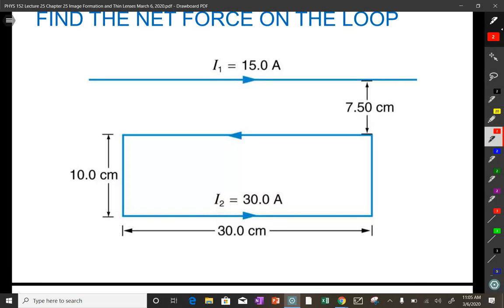You say, okay, magnetic field created by the top wire underneath, using the right-hand rule, it's going like that.